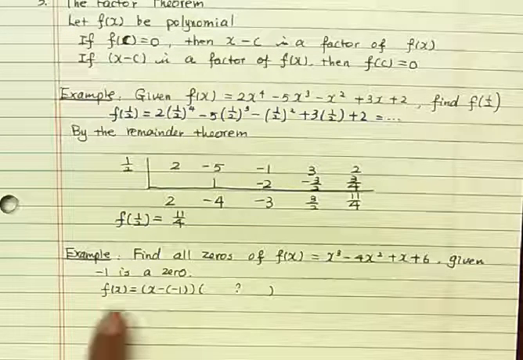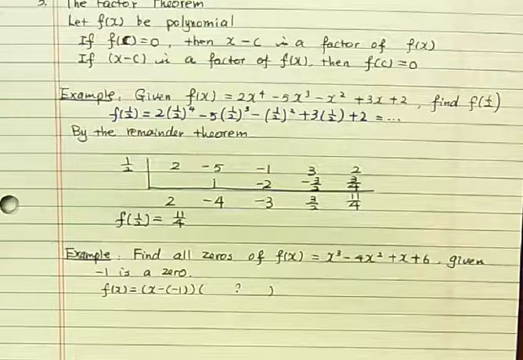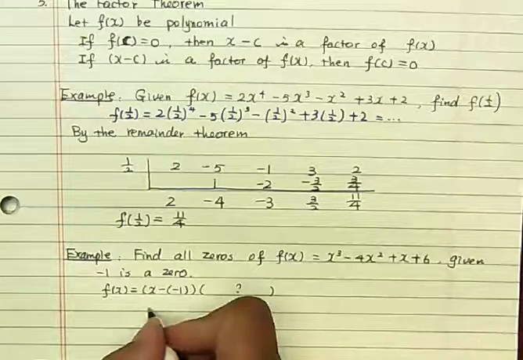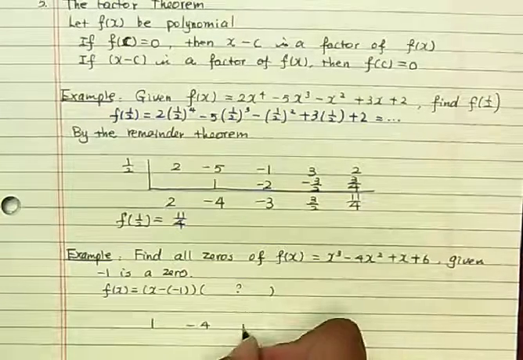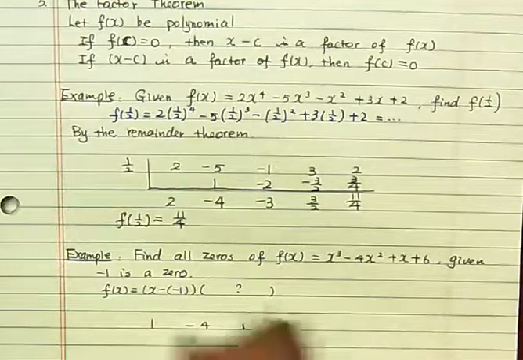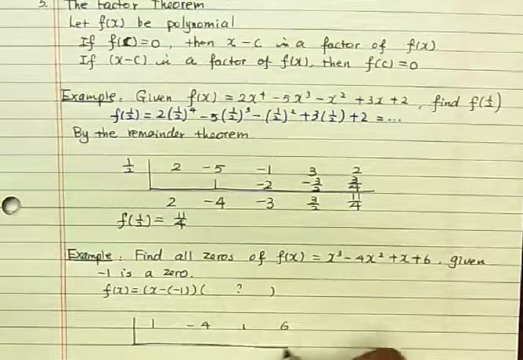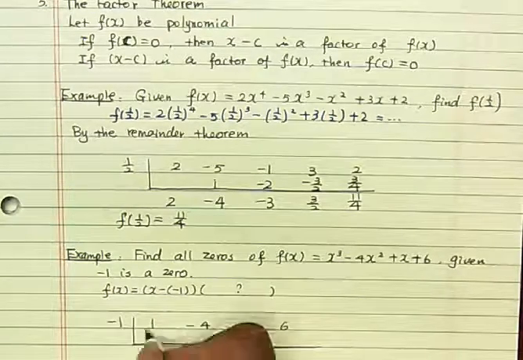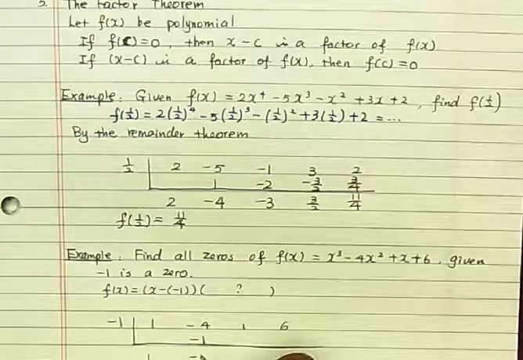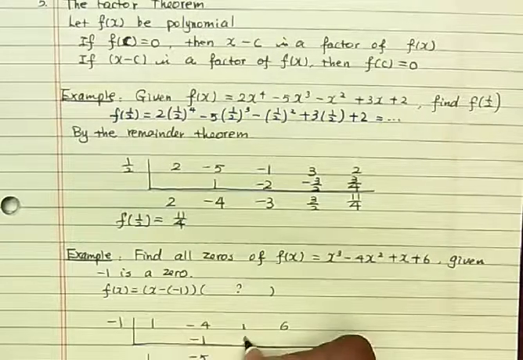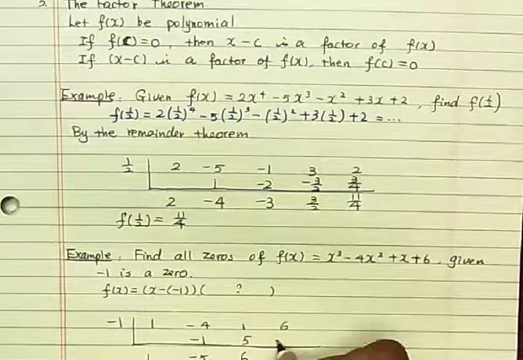So we are dividing by -1. We have 1, -4, 1, 6. C is -1. Bring the 1 down. -1 plus -4 is -5. Then 5, 6, 6, -6, 0.